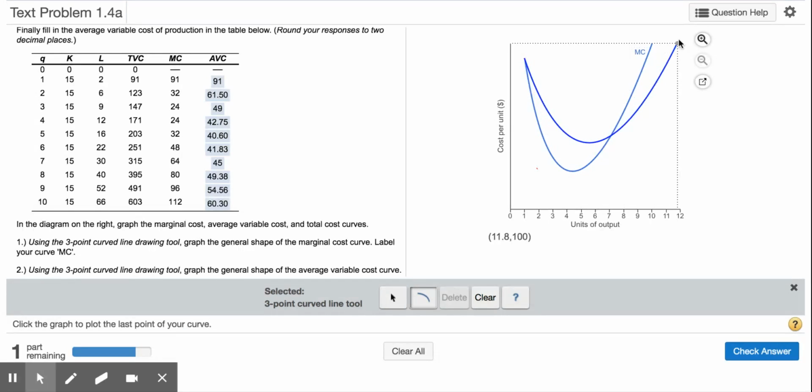And again, when the level of output is 10, average variable cost is 60.3. So 10 and 60.3 is somewhere right here.